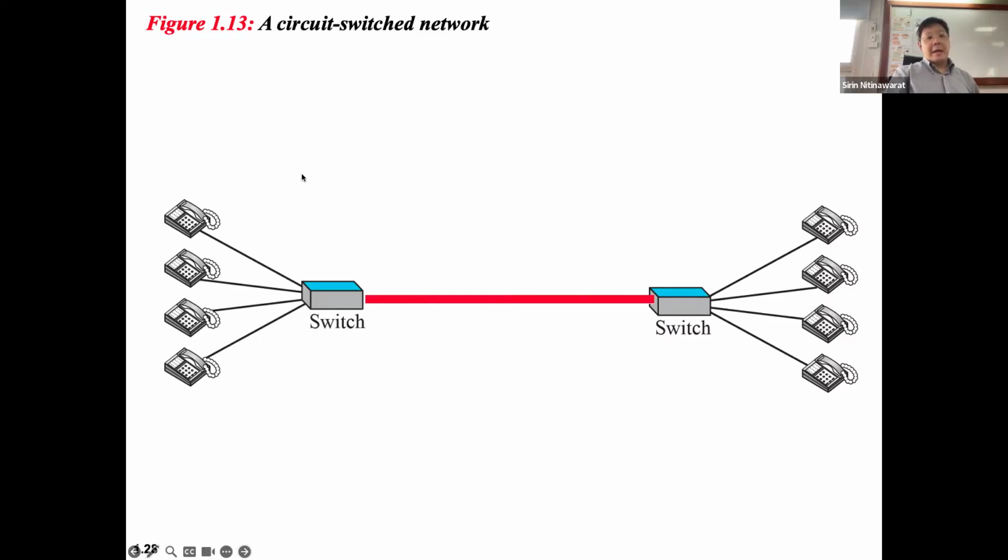Here we assume that this link is capable of carrying all the traffic. That's why it's 40 megabit per second. The collision that you're talking about is a separate topic that we will talk about later. But you bring up a good point.